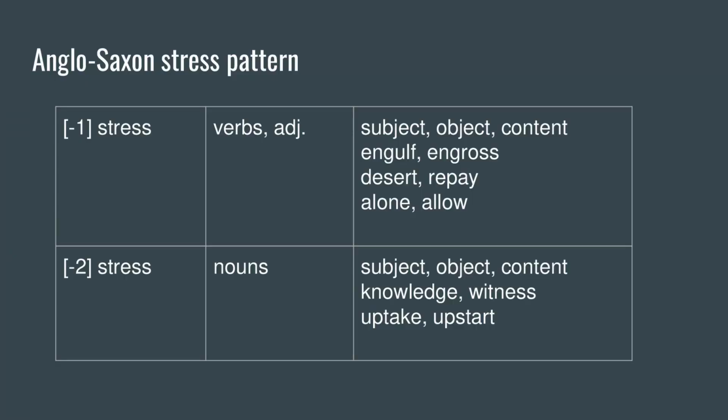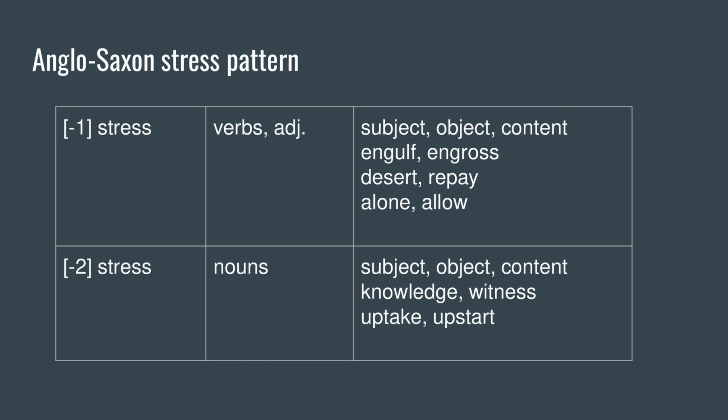When you have a two-syllable word and you want to guess where the stress is, especially if it's a fairly common or familiar word, it might follow the Anglo-Saxon prosodic pattern, where you have -1 stress on the final syllable for verbs and adjectives, like to subject, to object. I object to this. I'm content with this. Engulf, engross, desert, repay, alone, allow, -1 stress.